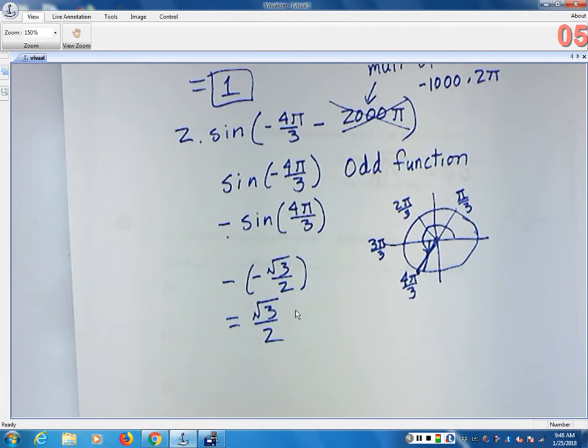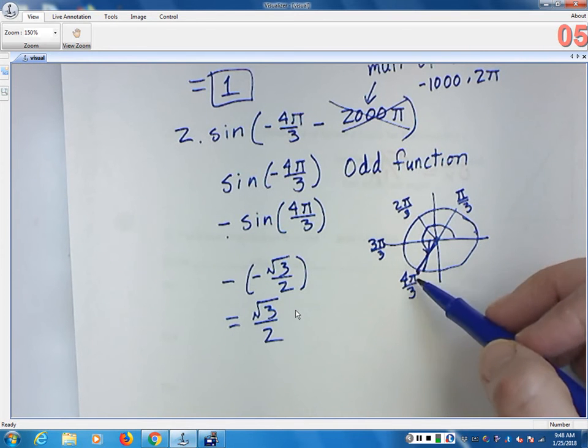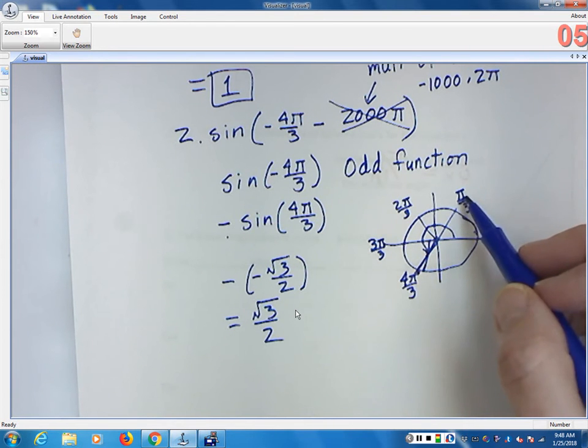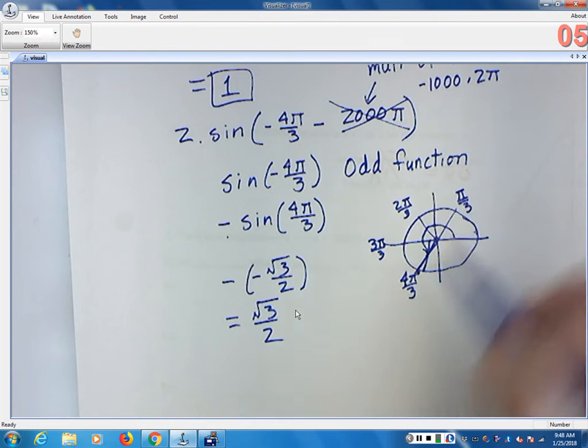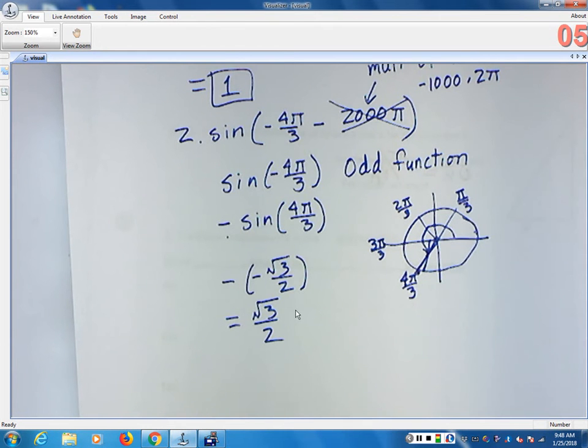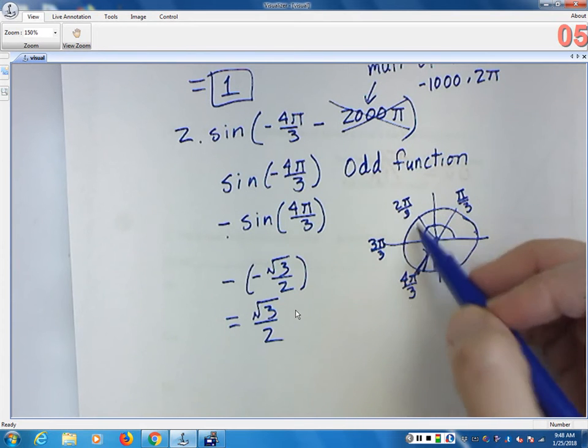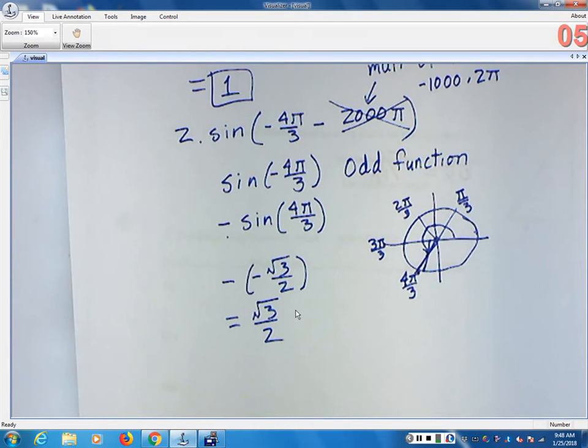Or I did it a different way. I said it's going to be the negative of sine of pi over 3, or the negative of this. There are many ways to do that.